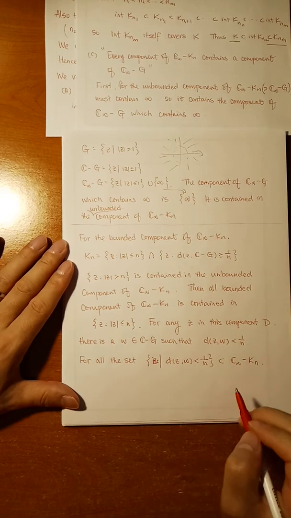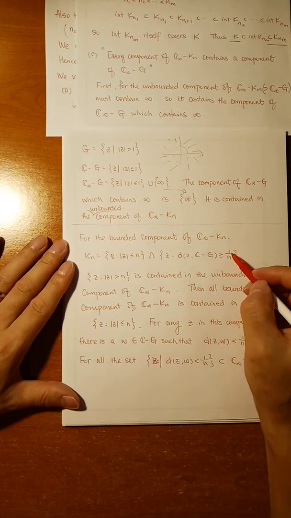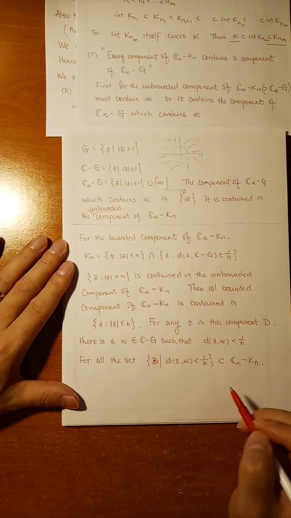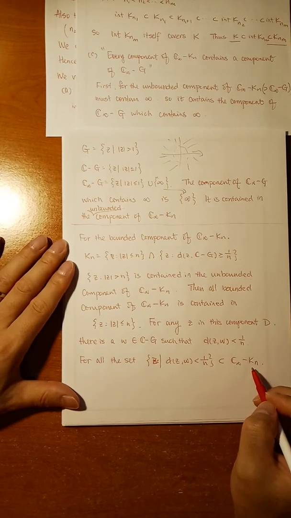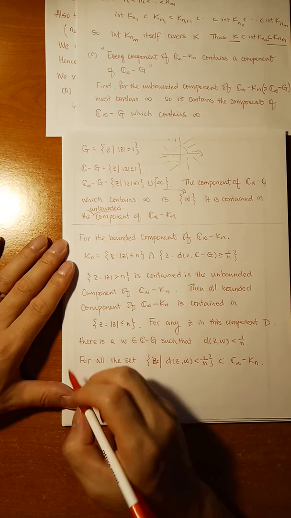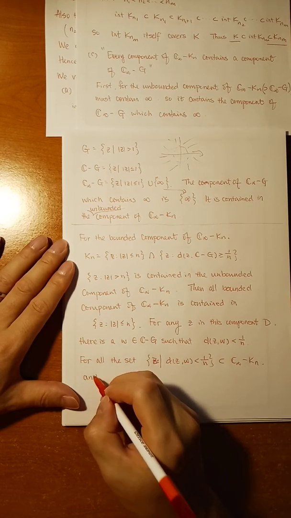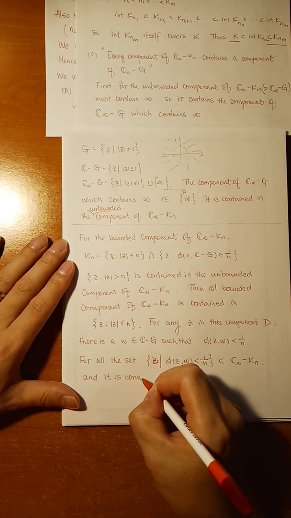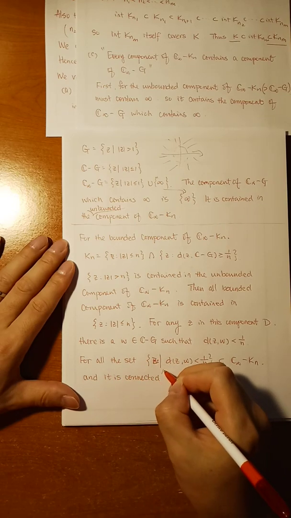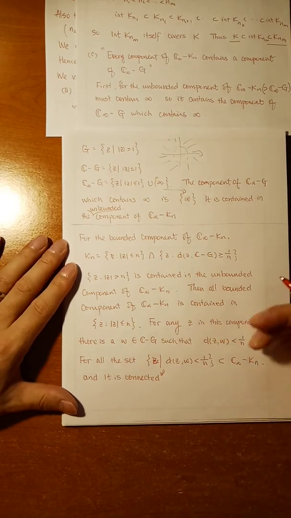I just say it fails the definition of Kn. The distance for Kn must be greater than or equal to 1 over n. Here it is less than 1 over n. The whole set belongs to the extended complement of Kn, and it is connected. This set is connected. An open disk is connected.